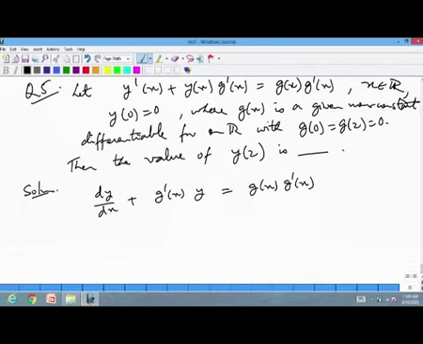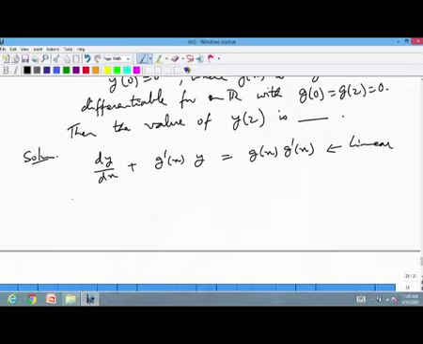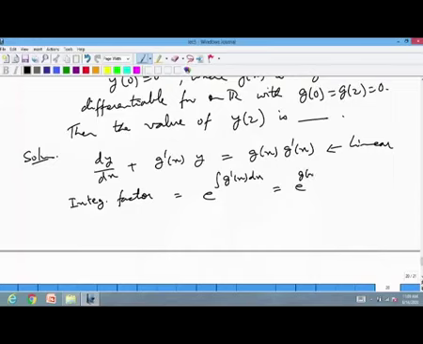So, again you see that this is linear. So, what we do is we first find the integrating factor, e to the power integral p x dx, where p x is g prime x. So, this is equal to e to the g x.